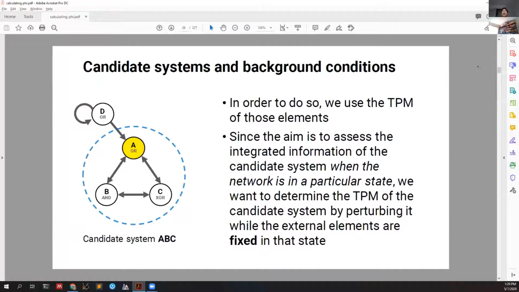And IIT suggests how to compute the integration when given a particular state. So if we want to get the TPM corresponding to the part of a system, what we need to do is just fix the external element and then perturb the candidate system.